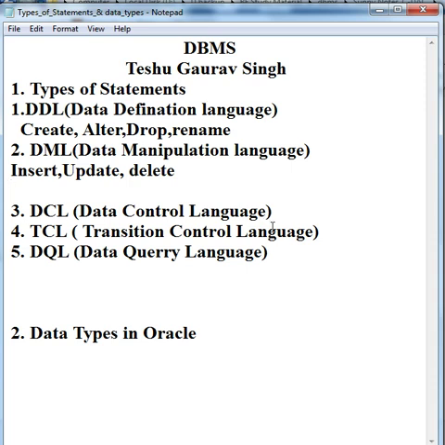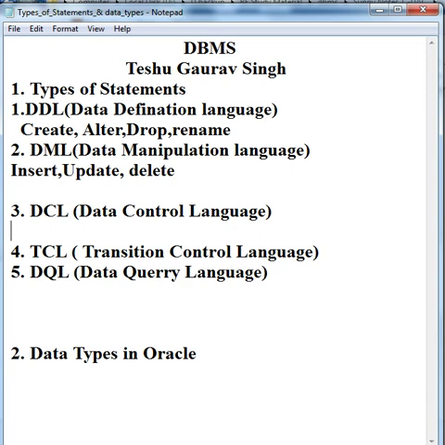In DCL, data control language, we can control the data. Basically, a database management system like Oracle is a distributed system, so we can create a single table, and that single table can be shared through multiple users. It means multiple users can access the same table at the same time.